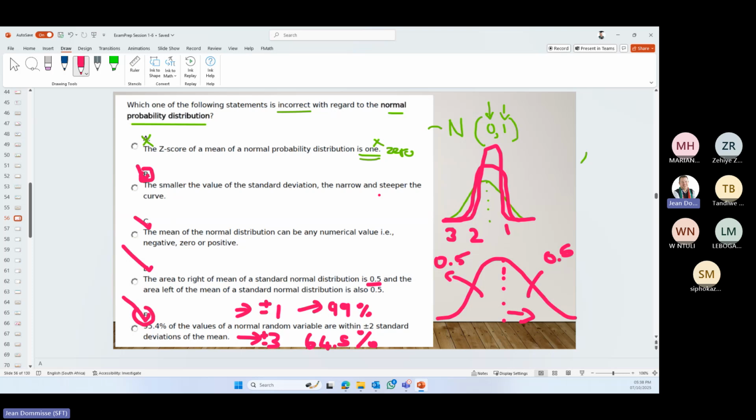Instead of just saying the smaller value of standard deviation, they could have linked it to some of the percentages as well. This is part of your study guide as well, where it is set out.